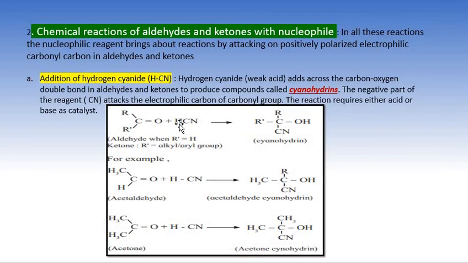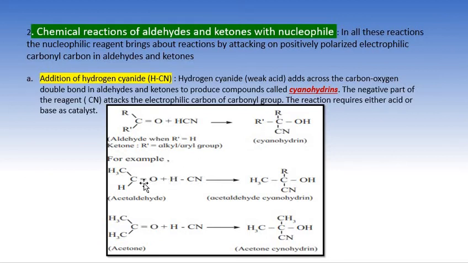This hydrogen will be taken up by this oxygen after breaking the bond between carbon and oxygen here, and it will be bonded to this carbon as OH group, and the negative part, that is CN, will go directly to the carbon atom of the compound, because the negative part is CN, which is electron rich, which is a nucleophile, will go to this carbon atom.